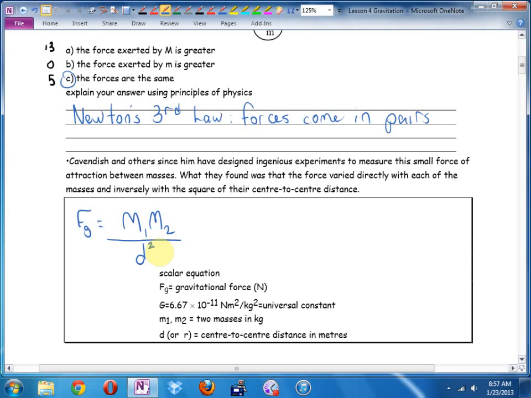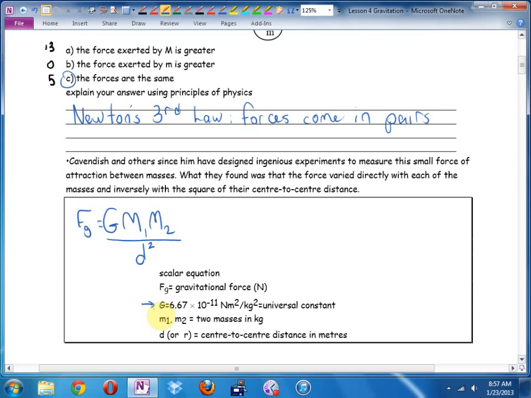You need a conversion factor to get an answer in newtons. Just like if we want to go, for example, from kilometers per hour to meters per second, our conversion factor was divided by 3.6. The conversion factor, we symbolize that with a capital letter G. And it has a magnitude of 6.67 times 10 to the negative 11.